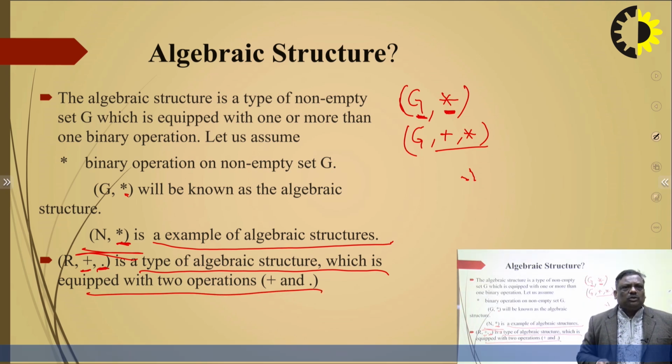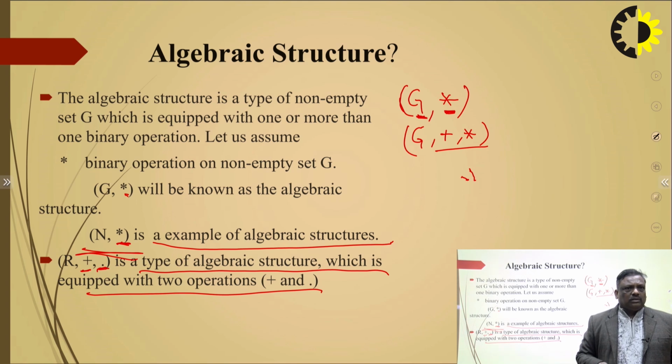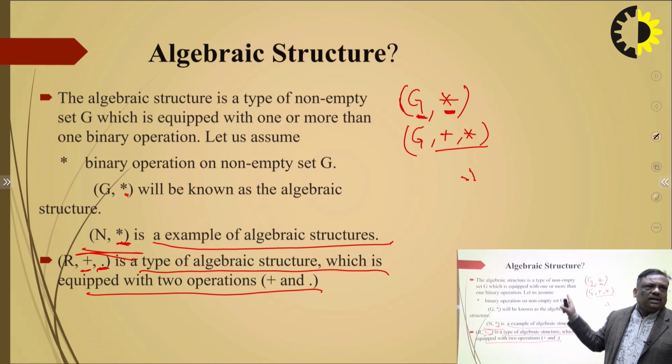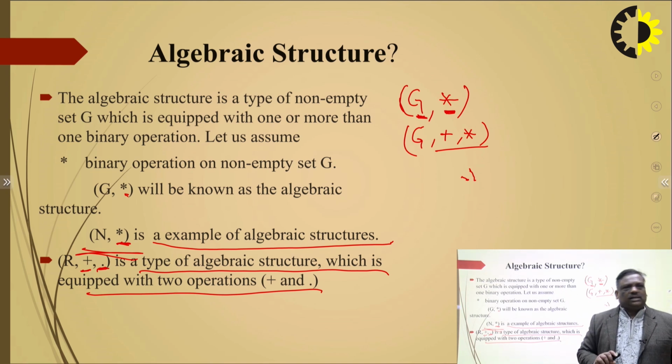Dot is generally denoted as multiplication also. So, one or more than one binary operation with a non-empty set G is known as an algebraic structure.